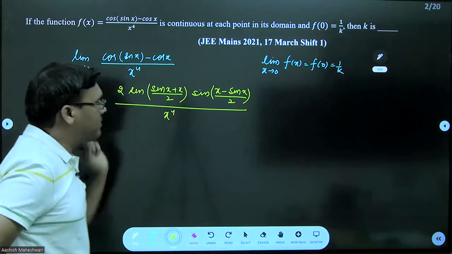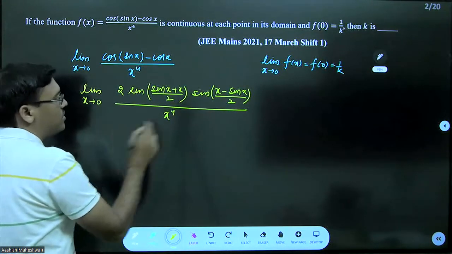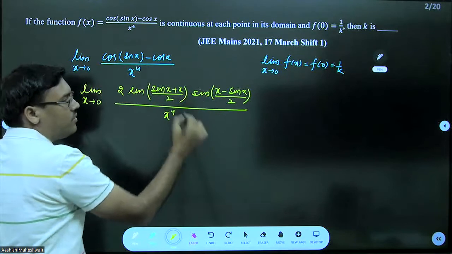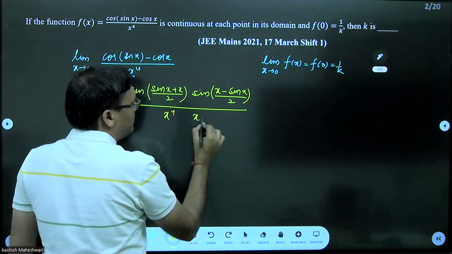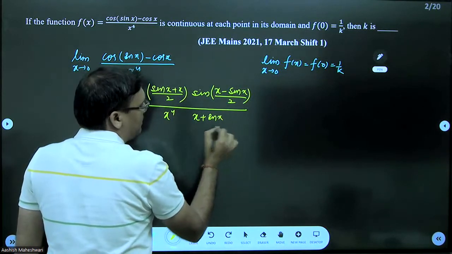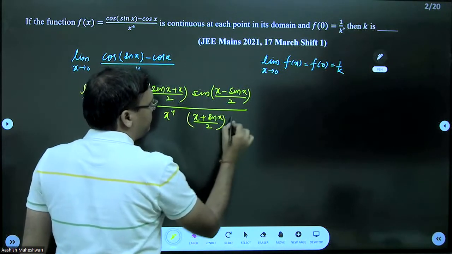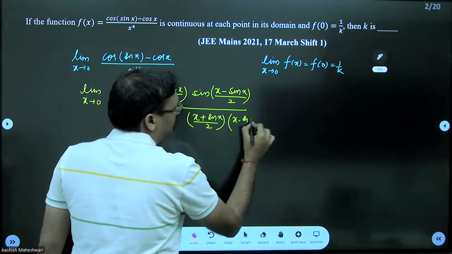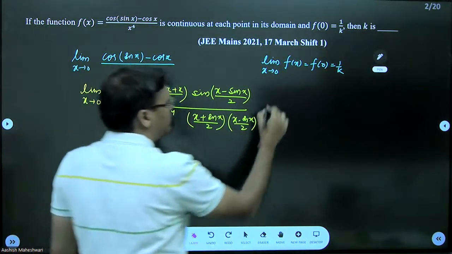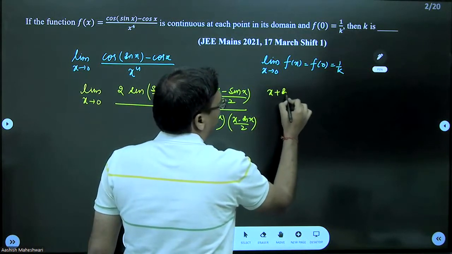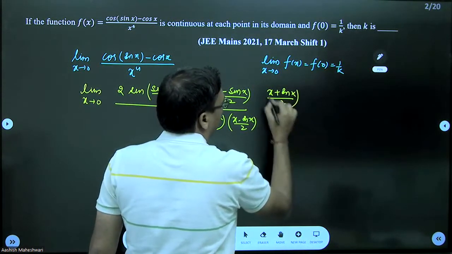Now if you just observe here, as x is approaching 0, this value is approaching 0, this value is approaching 0, right? So if I just multiply and divide by (x + sin x)/2 and (x − sin x)/2, now why am I doing this?